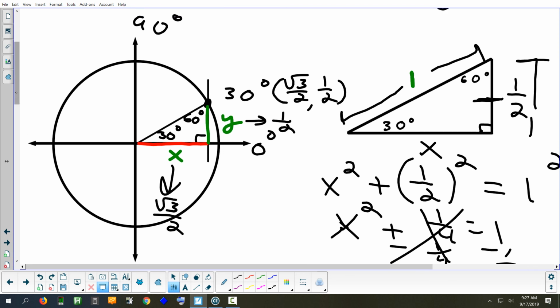Now, we did the 45, we did the 30. What other angle do we still have to do? The 60. Right, so here's the 60. It's right here. It's 2/3 of the way through the quadrant.